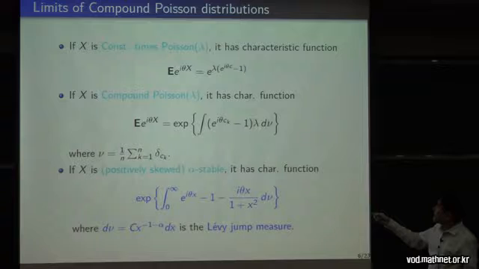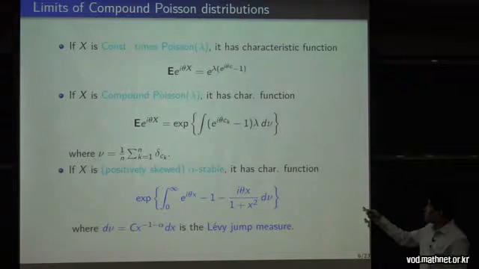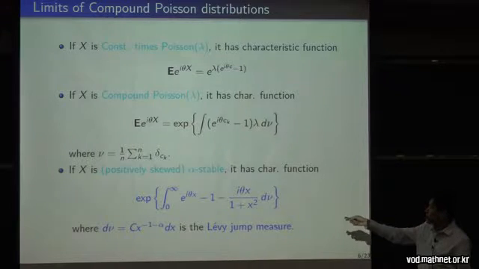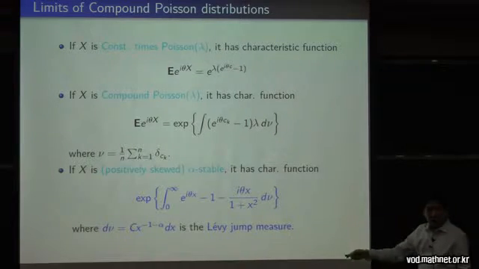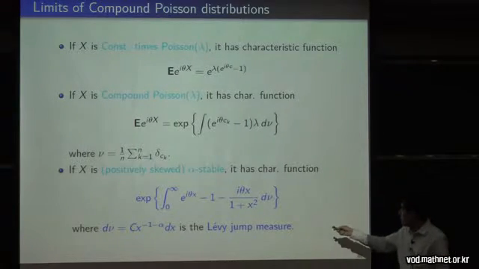The problem is that for the stable laws that I've shown you before, it turns out that the measure here is not finite. It's not even a probability measure. Here, this is a probability measure times lambda, so this is required to be finite. But for stable laws, we actually have infinite measures here, so we integrate with respect to an infinite measure.